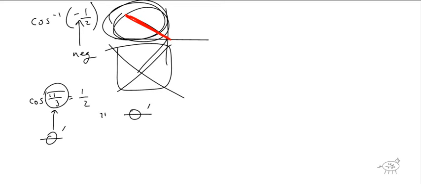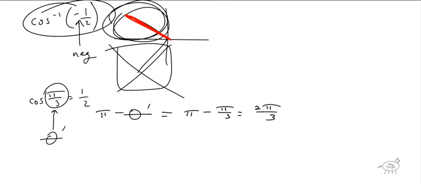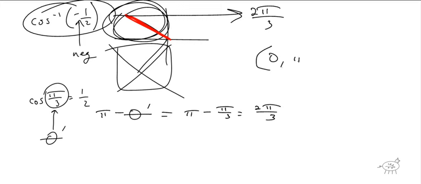So this is going to be pi minus the reference angle. So pi minus pi over 3 is 2 pi over 3, which of course is in the second quadrant. So my answer to this problem, inverse cosine of negative 1/2, is 2 pi over 3, which is in the range for cosine between 0 and pi. So that's my answer, 2 pi over 3.